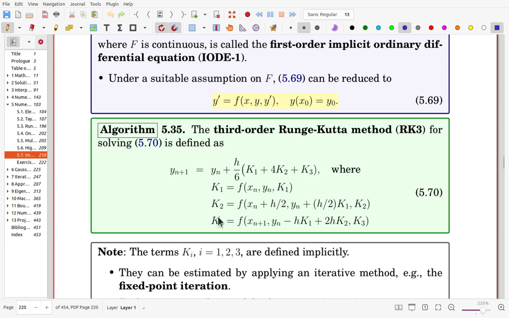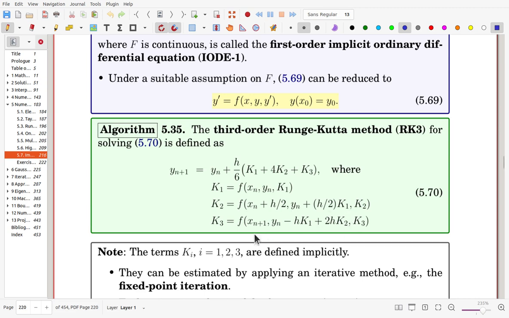And K2 is the midpoint evaluation, and the y value is predicted by using the Euler method, and again K2, so that K2 is the fixed point of this function.